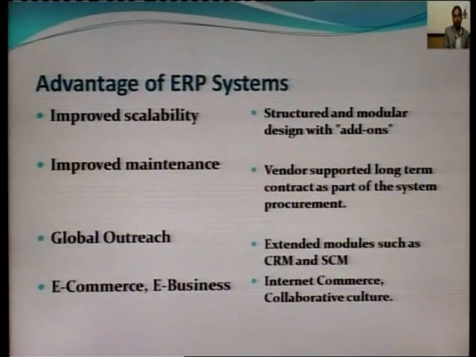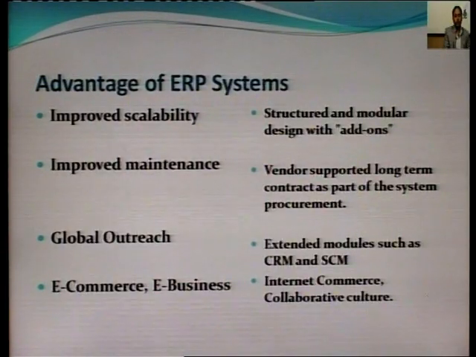Global outreach. The ERP system can be helpful with global outreach. Global outreach is when we send our items to other countries. It can be provided by CRM and SCM. CRM is customer relationship management and SCM is supply chain management.